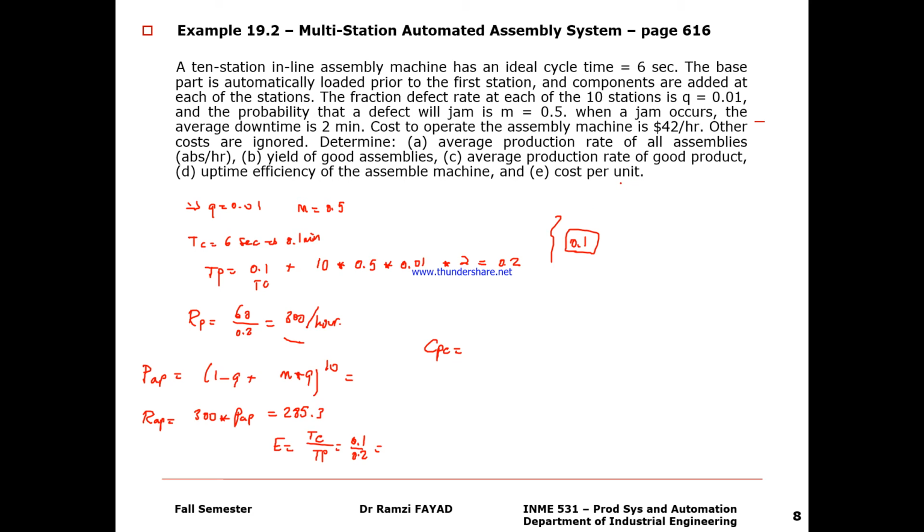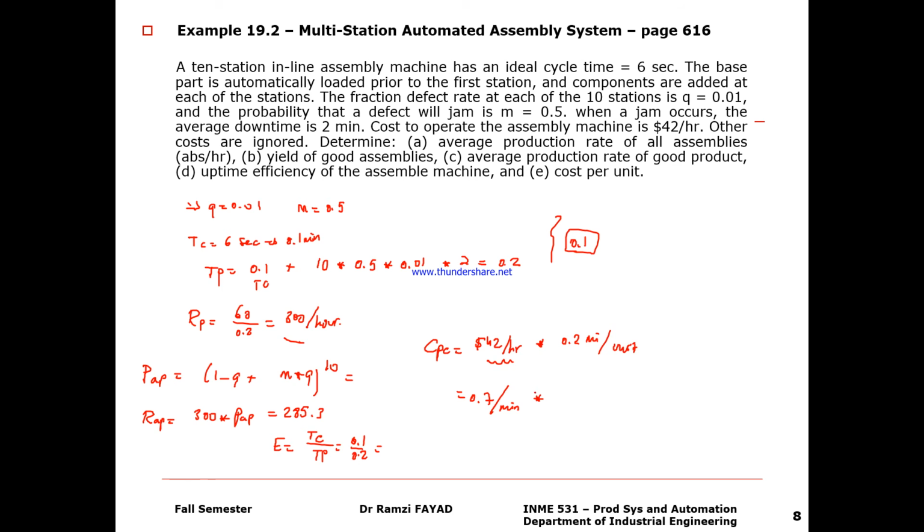CPC is equal to $42 per hour, which is $0.7 per minute, times 0.2 minutes per unit. We use 0.2 instead of 0.1 because we need to consider the jamming time.